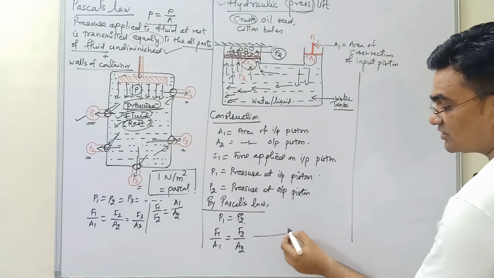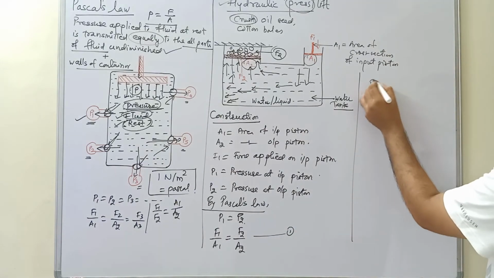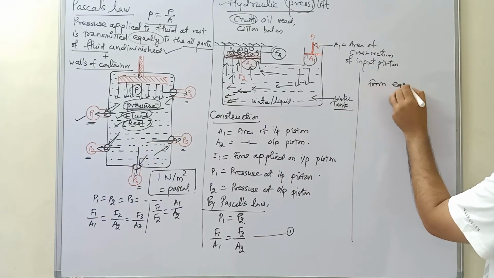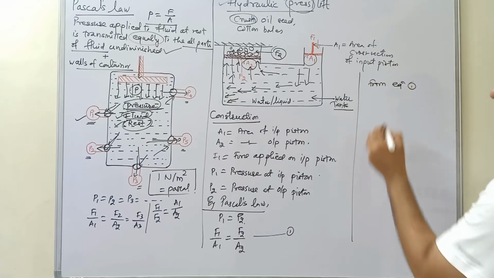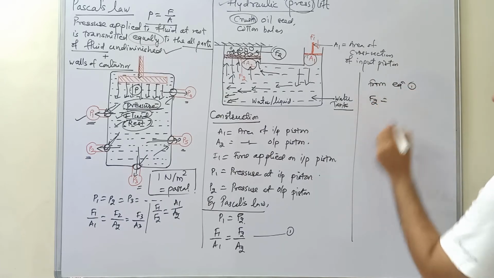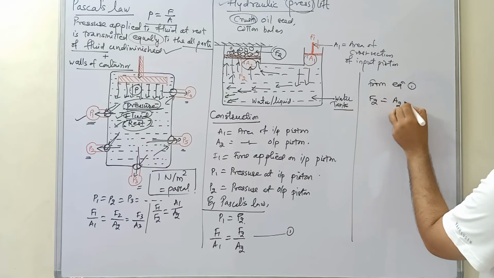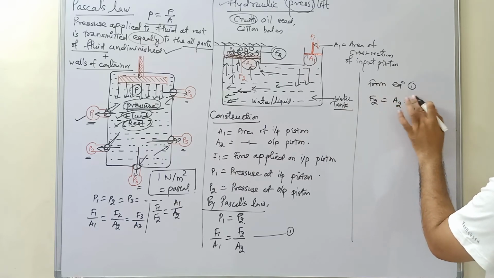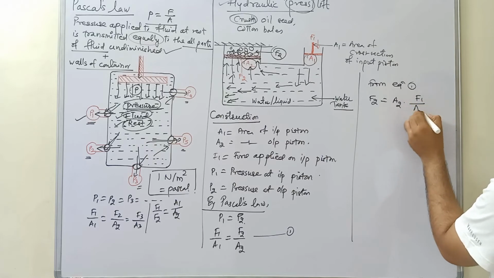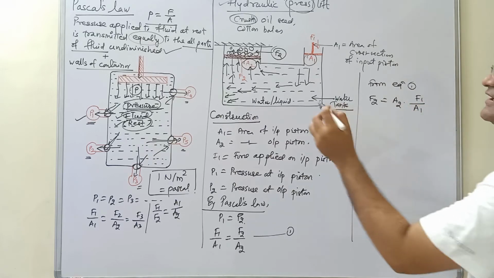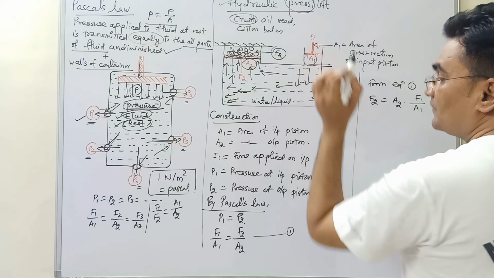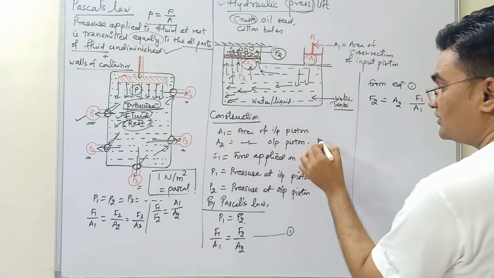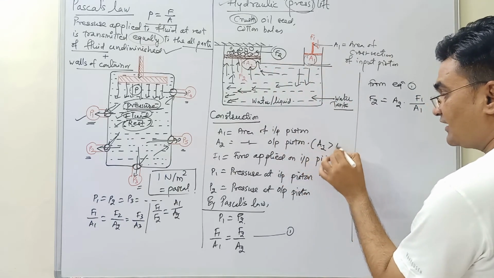Now from this equation 1, F2 is equal to A2 into F1 upon A1. We have seen that A2 is greater than A1.